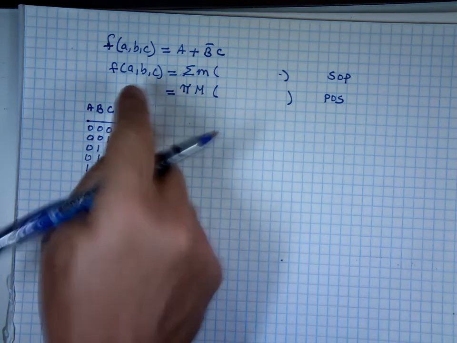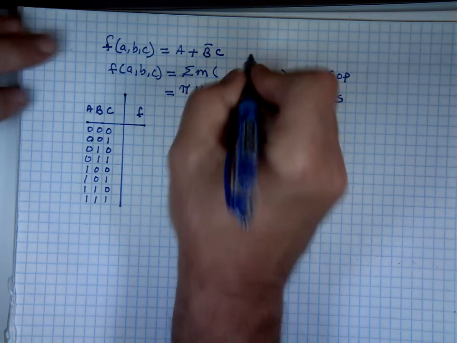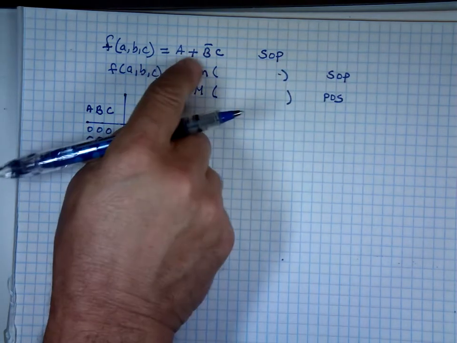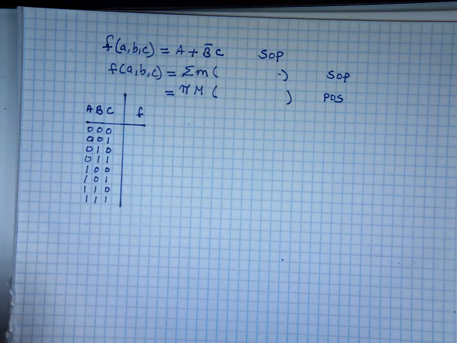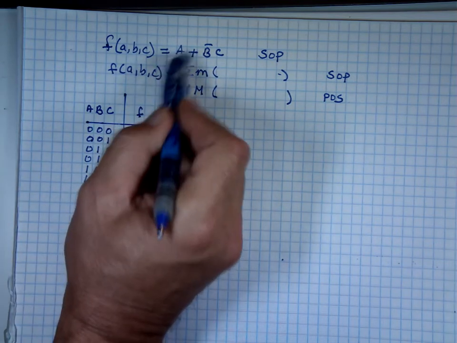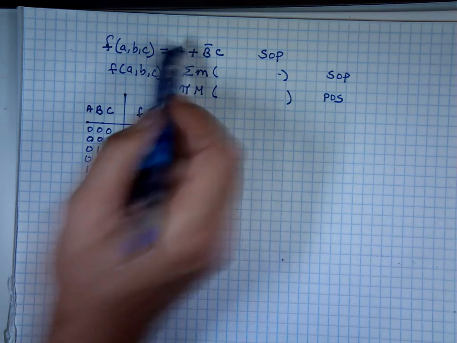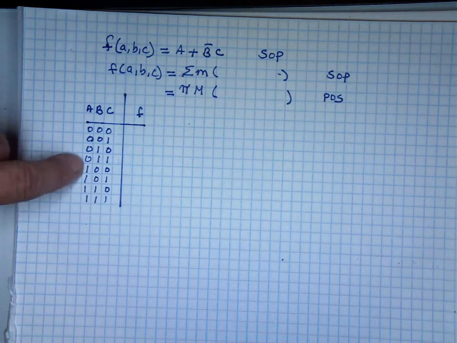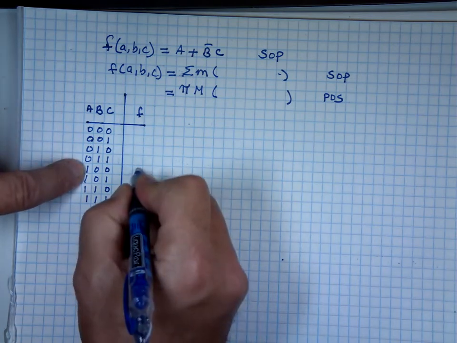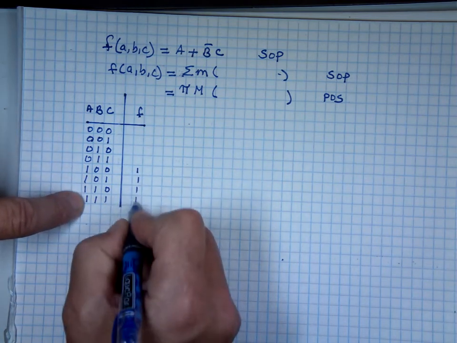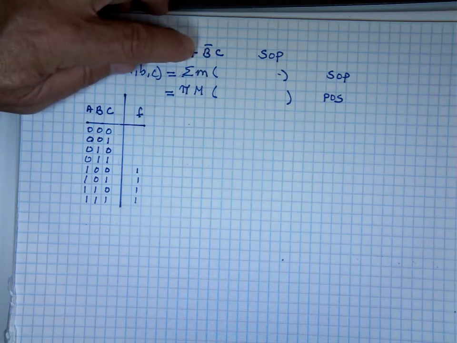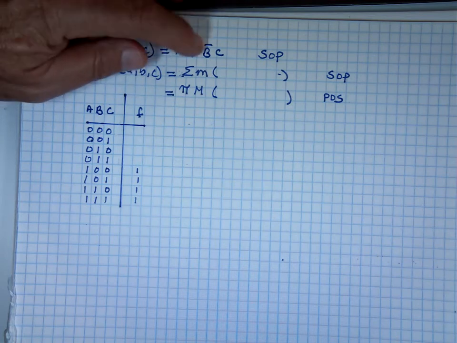These are sum of product right now, simplified. That tells me the function will have a value of 1 when what? Let's look at this. You'll have a value of 1 when A equals 1. Let's find out where A equals 1, which is the last 4. Or when B bar C, when B is 0, C is 1.